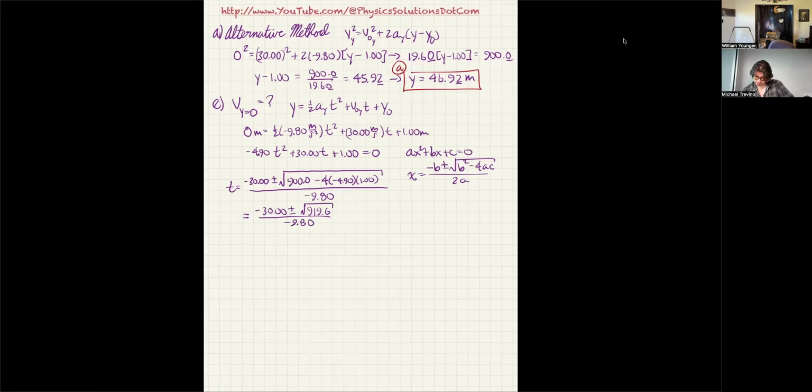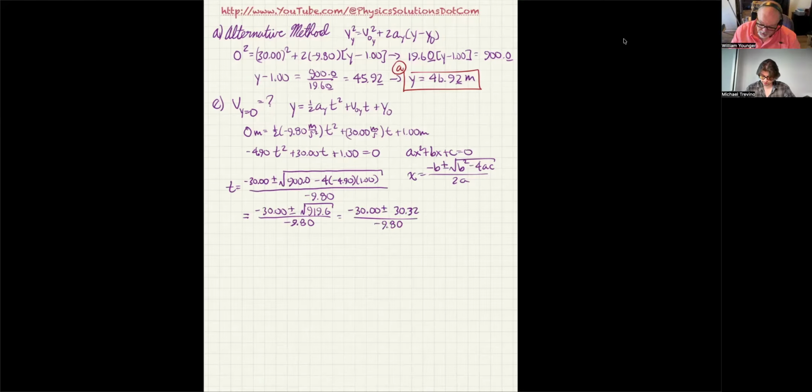I've already worked out the details of the units, at least verbally, for you guys. The square root of 919.6 is 30.32. So I'm going to say negative 30.00 plus or minus 30.32 divided by negative 9.80.